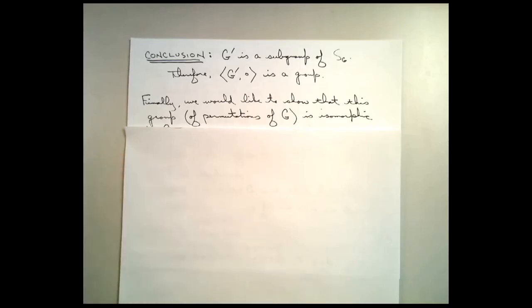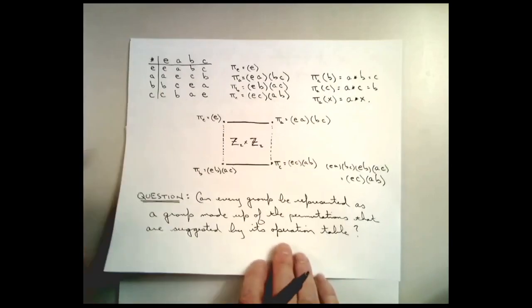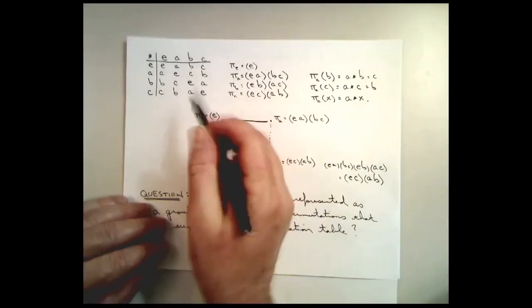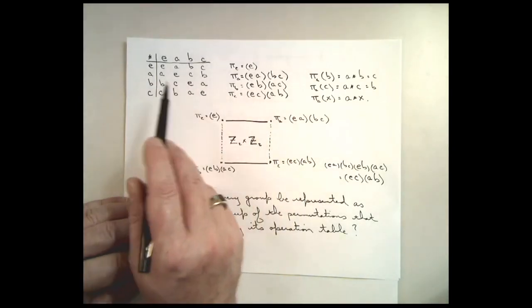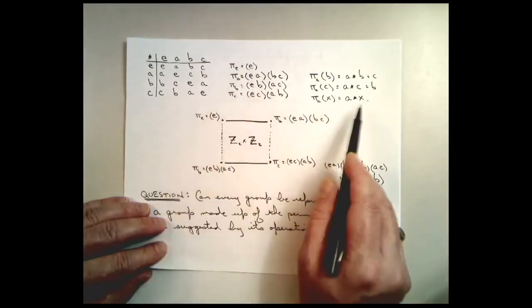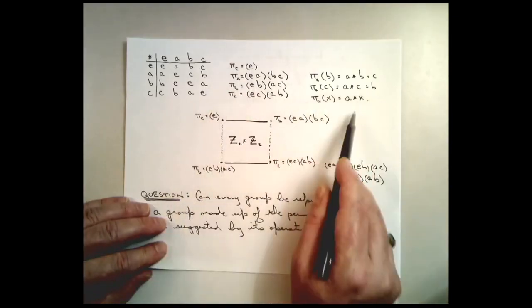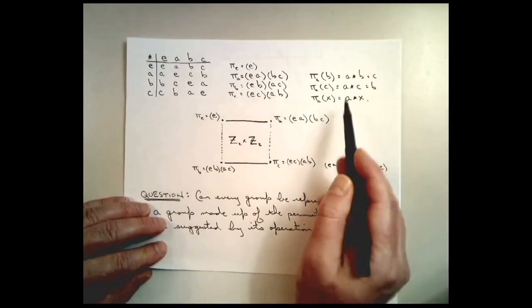After all, let's go back and look at what we had done earlier with Z2 cross Z2, right? This was our group G. For each element of G, we identified a permutation, right? The permutations were defined this way. We proved that what we have really is a permutation, right?